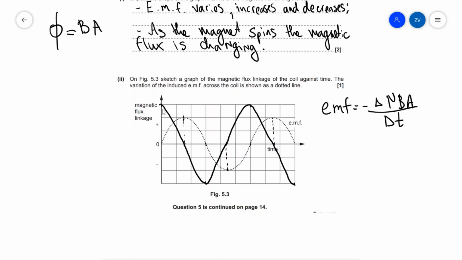So what we should be expecting is a cosine curve. This is not on the specification. However, if you really enjoy mathematics, this is another way to verify your answer.